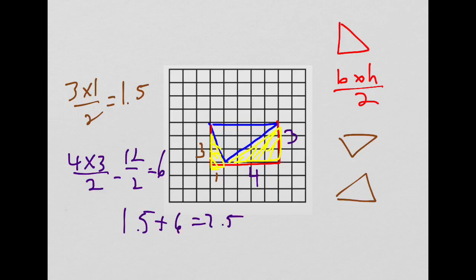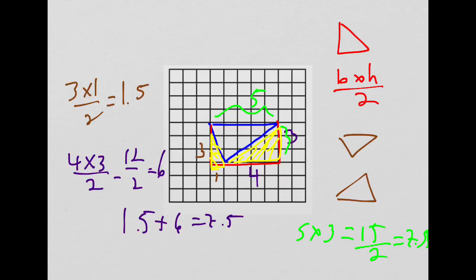So we're going to see if that is half of the rectangle. The rectangle, let's do this in green, is 5 by 3. 5 times 3 is 15. And half of 15 is 7.5.